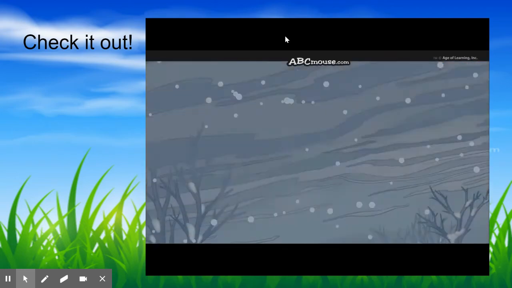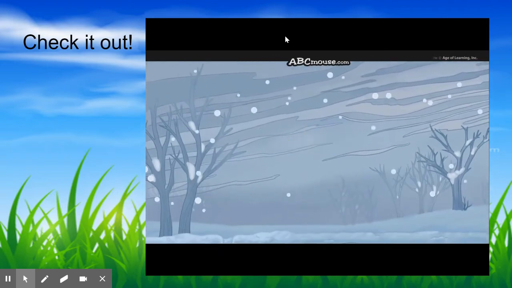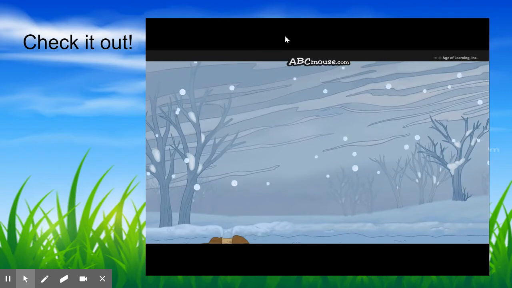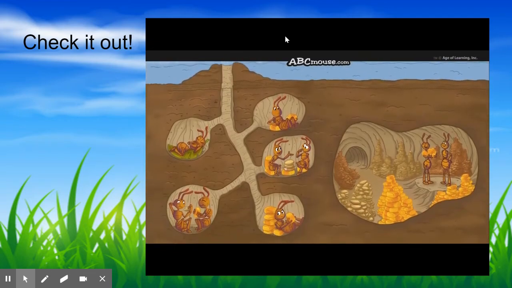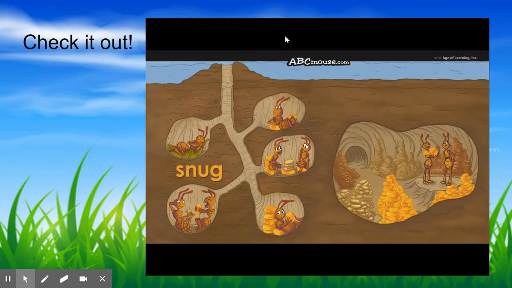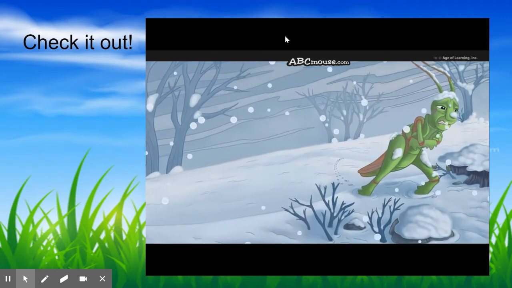A few weeks later, winter came, and the snow began to fall. Just as the ants had predicted, the snow was very deep. This was not a problem for the ants, though. They were all snug in their nest with lots of good food to eat. The grasshopper, however, had trouble finding food.